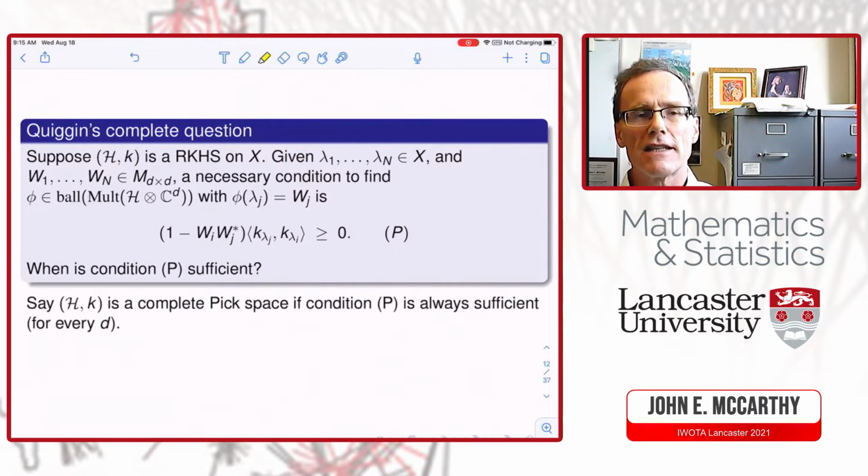If the tensor notation looks a little scary, just think of that as the direct sum of H with itself. And the interpolation condition is that at each point lambda j, the function has to equal the matrix Wj.